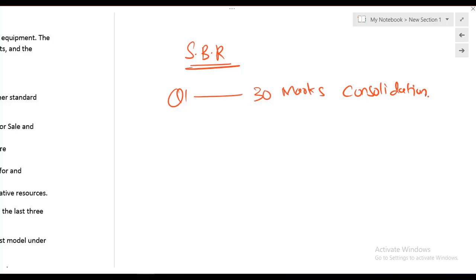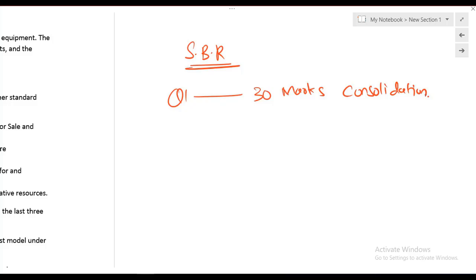Basically in SBR, most of the time, students are required to explain the accounting treatment rather than preparing the complete consolidated SOFP, complete consolidated SOCI or complete consolidated cash flow statement, which used to happen in paper P2.